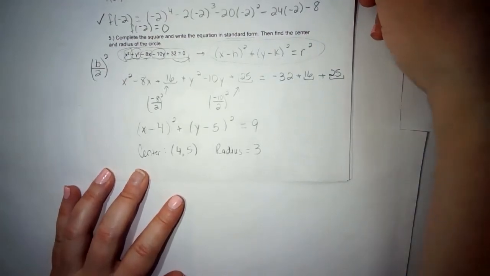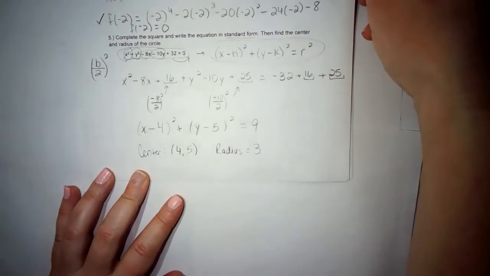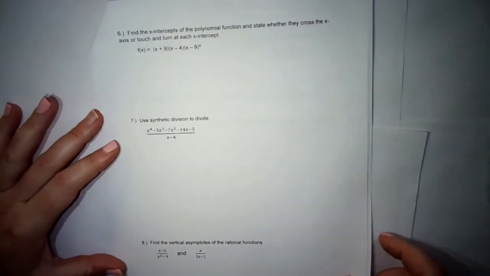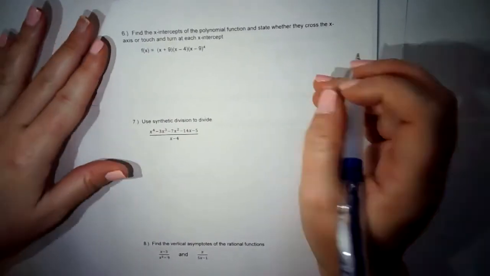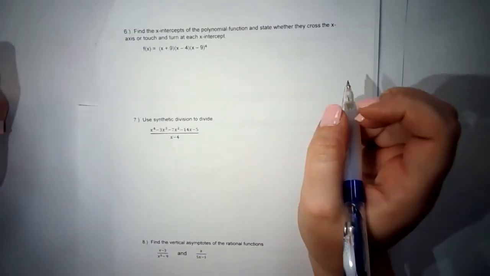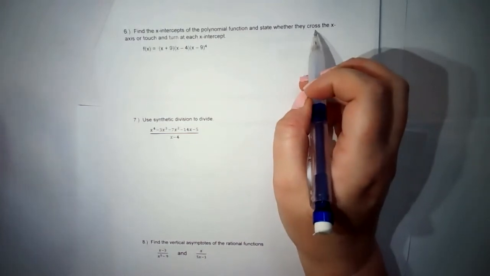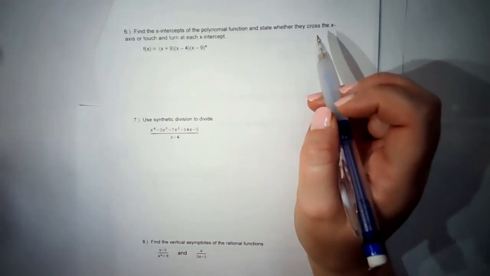Brings us to 6, 7, and 8 on the next page. Everybody good with this one then? Okay. So this little guy here, we want to find the x-intercepts and tell whether they cross the x-axis or touch and turn at the x-axis.